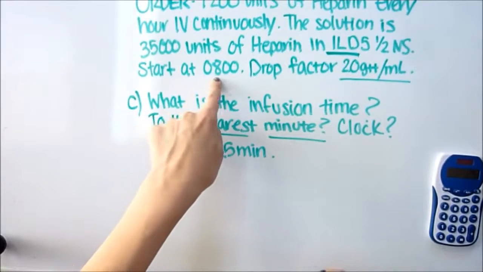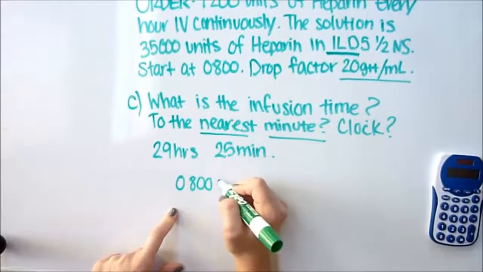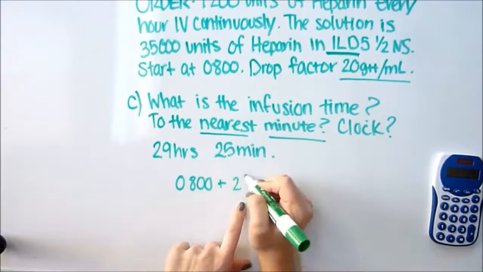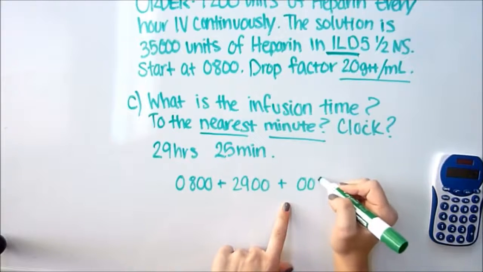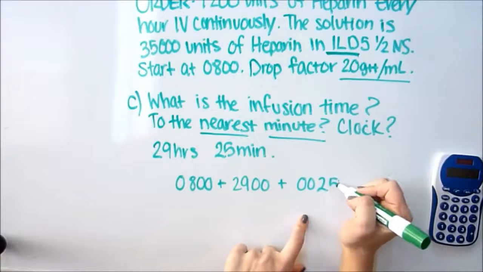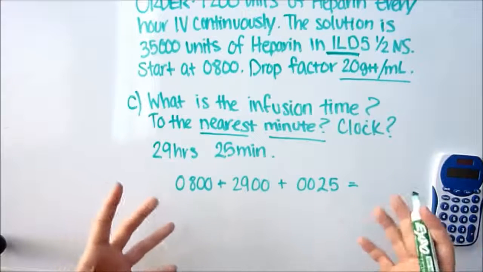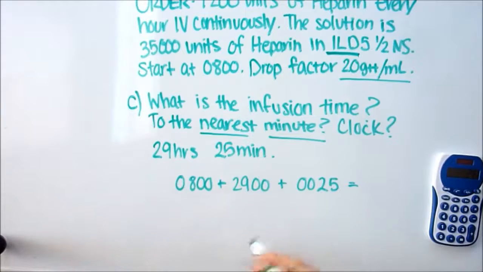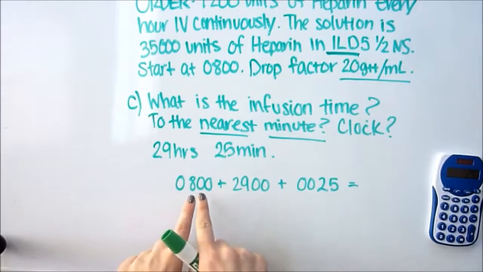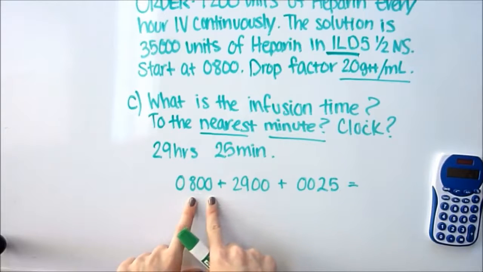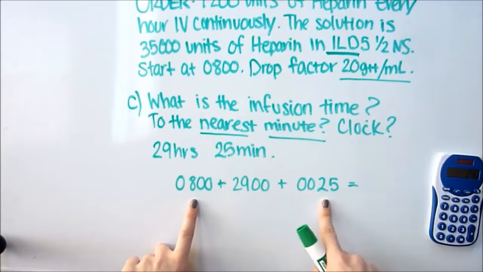So we know that we're starting at 0800 plus 2900 plus, it's all about those zeros with military time, right? It just makes it easier for you guys to get the hang of this, and then after that you don't have to do it like that. But, so we have 0800, right? That's what time we're starting. 29 hours and 25 minutes.